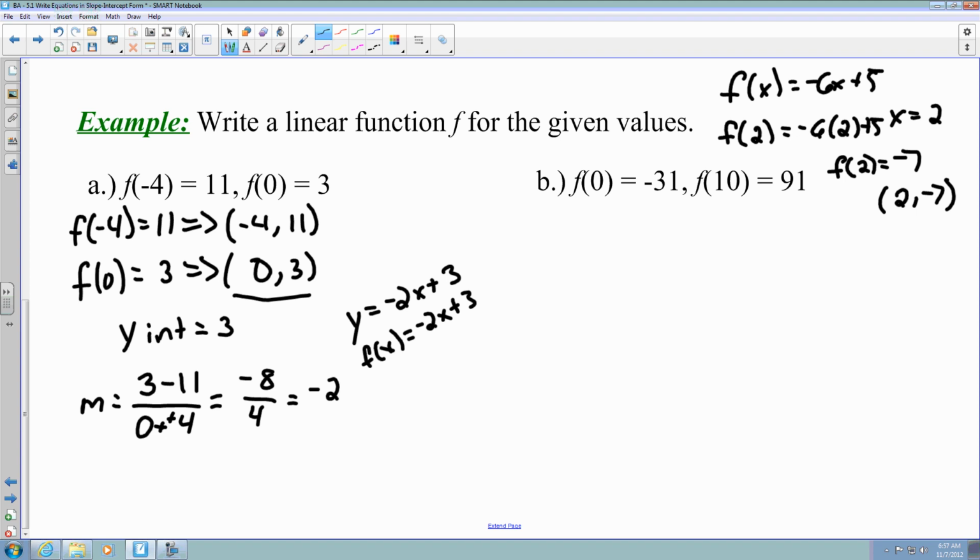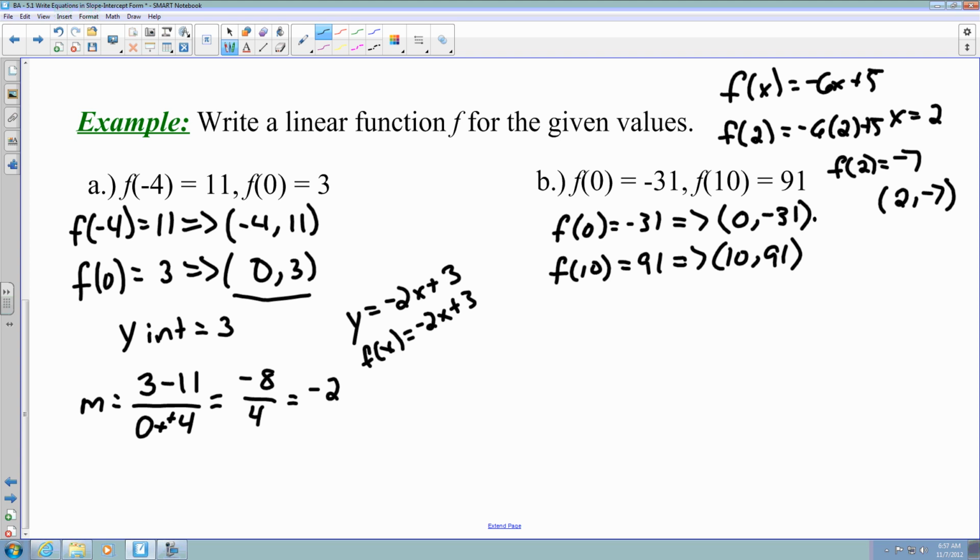We have f of 0 equals negative 31. That can be written as 0 comma negative 31, and f of 10 equals 91, and that can be written as 10 comma 91.